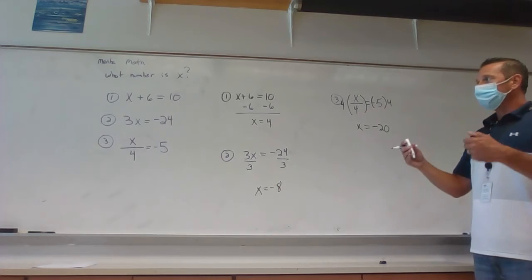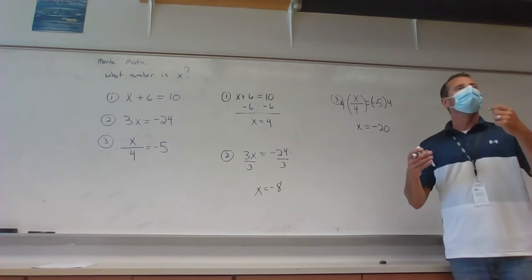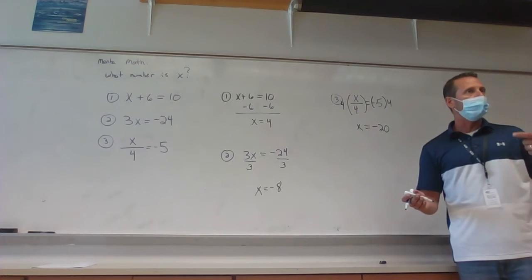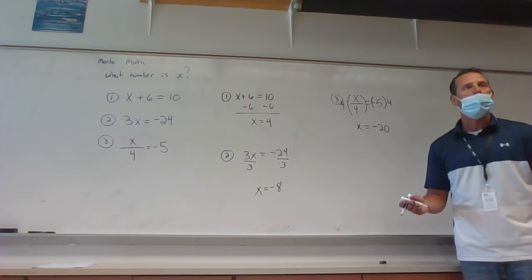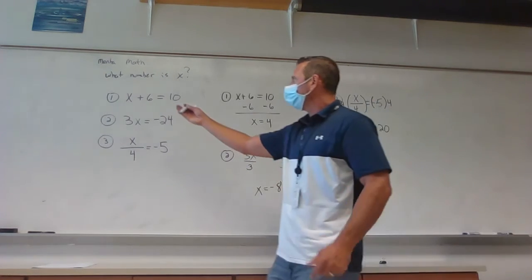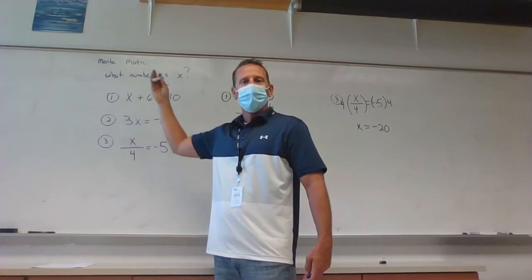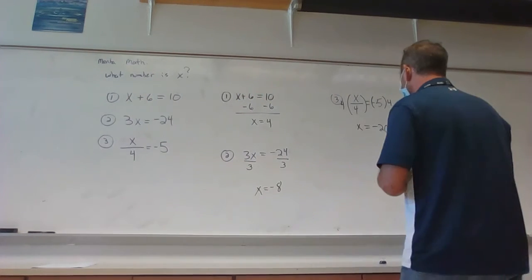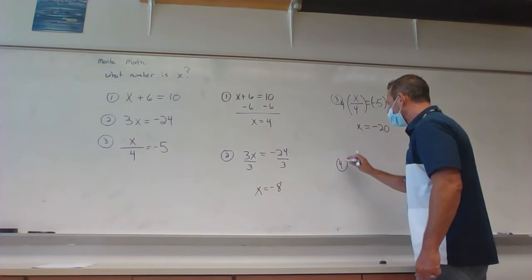Okay, so what we're going to do now, though, is we're going to start getting into multi-step equations. So equations that have more than one step, right? This we can mentally do because it was one step. We're going to get into some problems that are more difficult that might look like this.